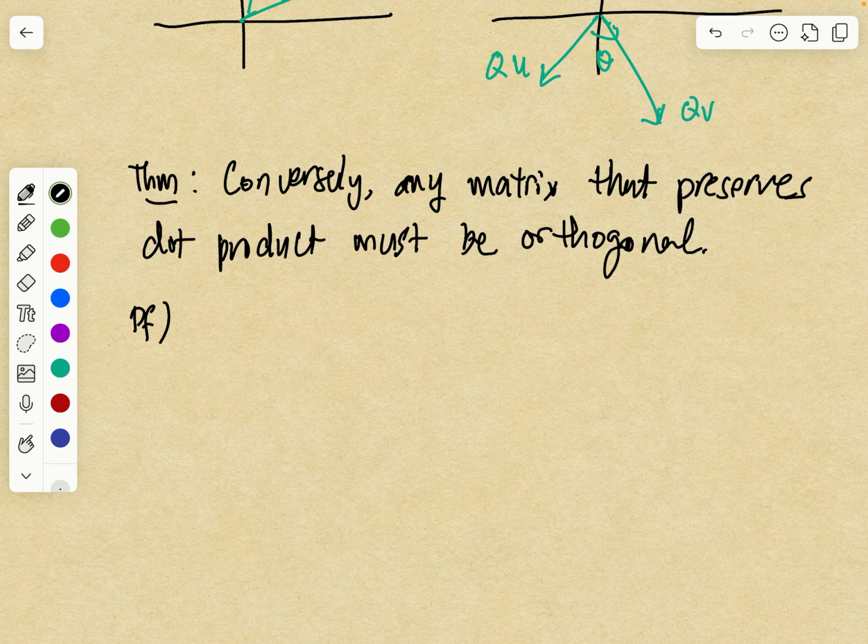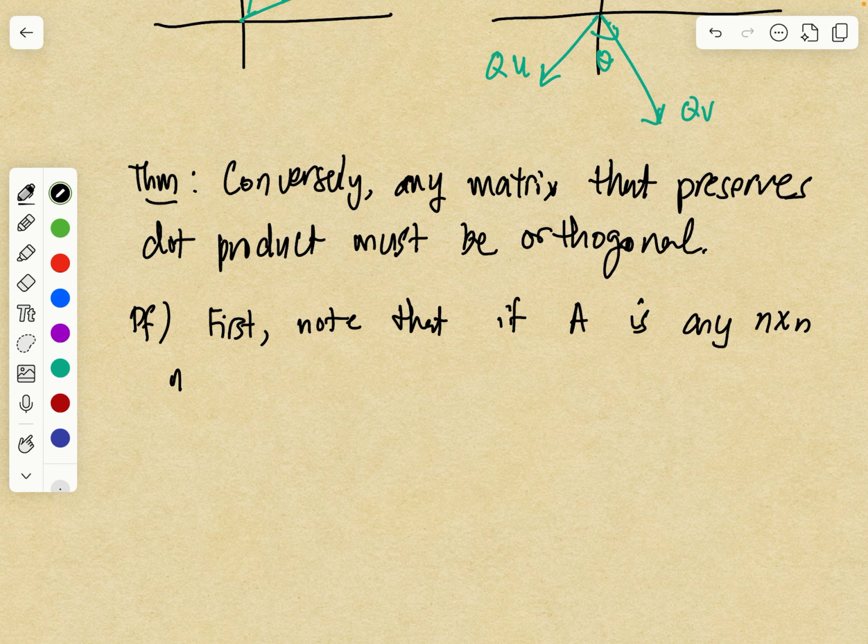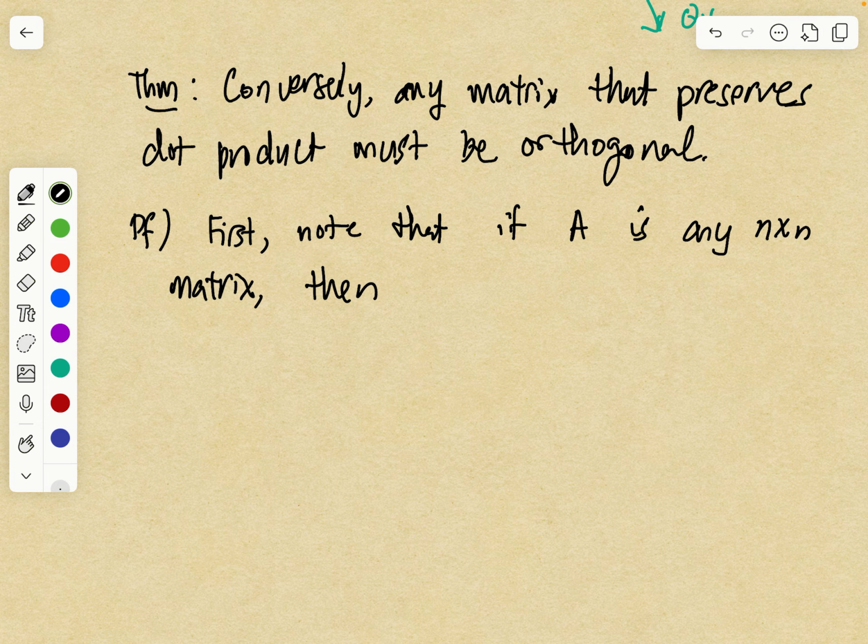The first fact we need is that if A is any n by n matrix, then if I take e_i transpose, the row vector whose ith component is 1 and is 0 everywhere else, and multiply that by a square matrix A, and then multiply that by e_j, this is actually just the ij entry.